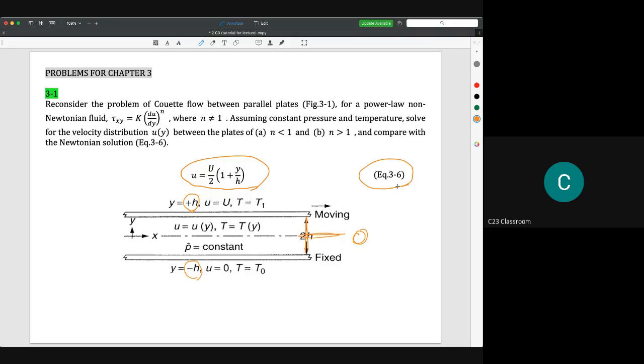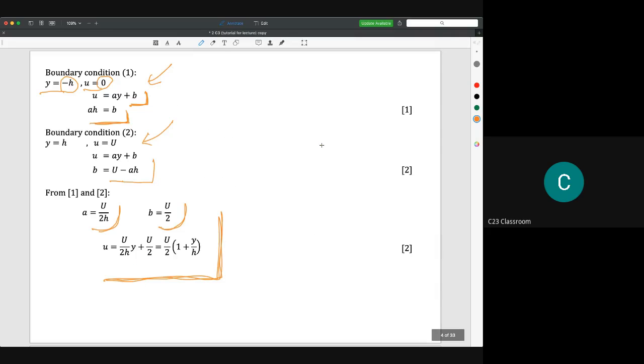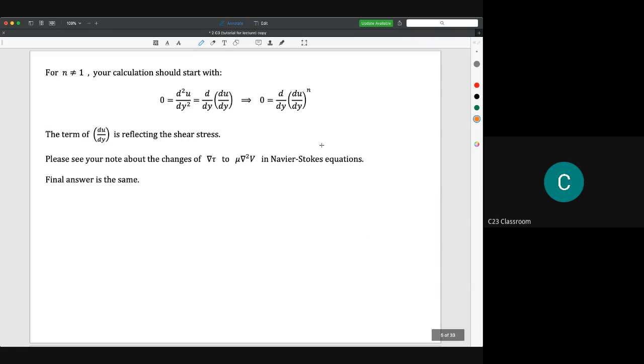Okay, but how about n less than 1 and n greater than 1? I'm not going to show you that one, so I think you could calculate this yourself. I just give you the idea: if n is not equal to 1, you should start your calculation with this equation, where you put the n here as du dy at this stage.